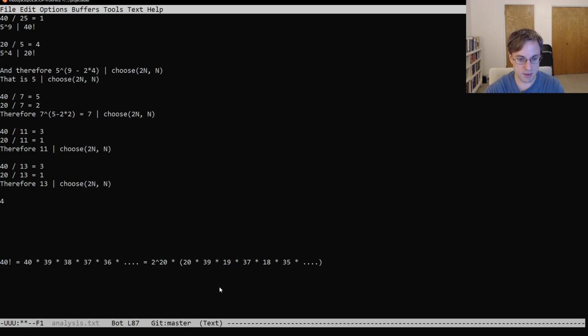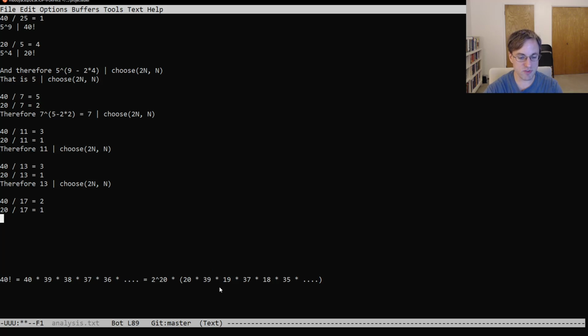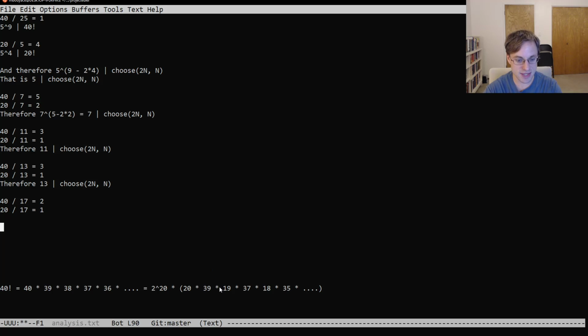All right, and moving on, 40 divided by 17 is equal to 2. And 20 divided by 17 is equal to 1. Now, this is an interesting case. Both, and yes, this is, again, true for both 17 and 19.